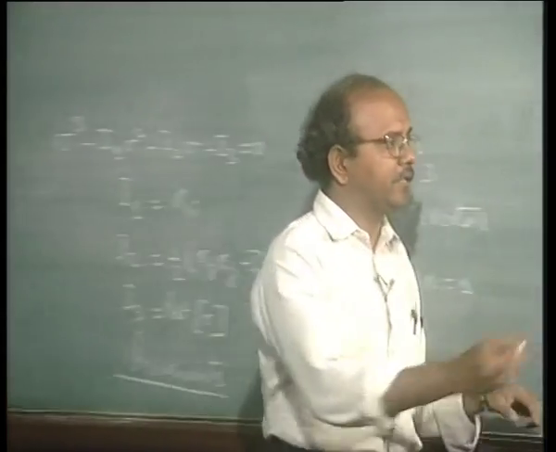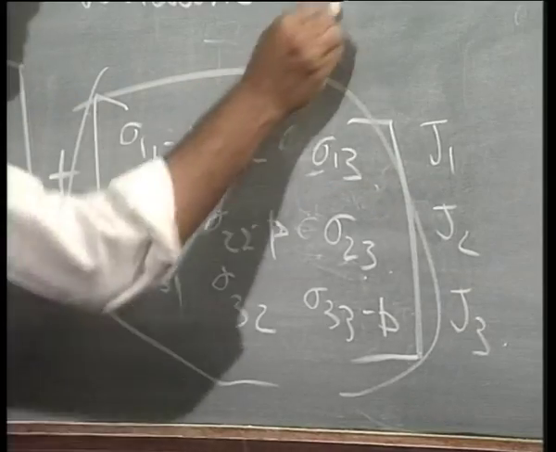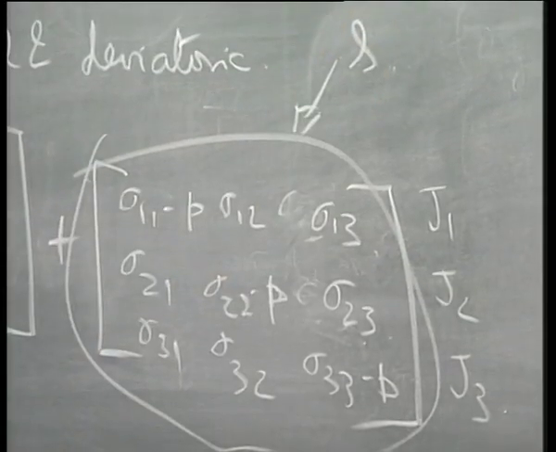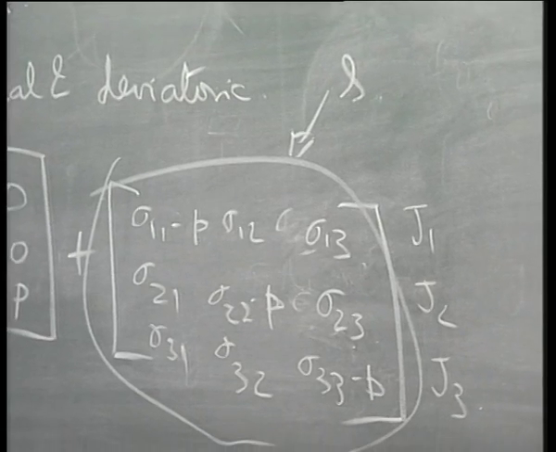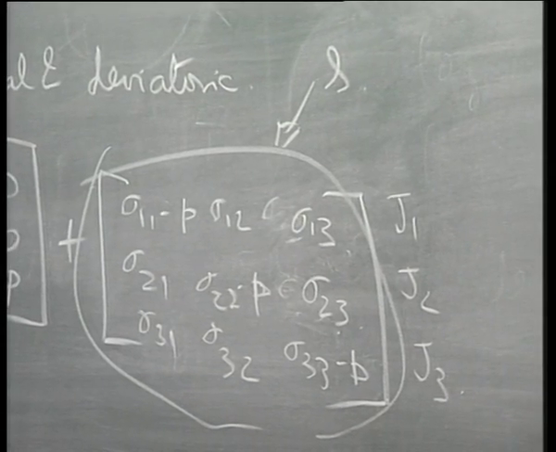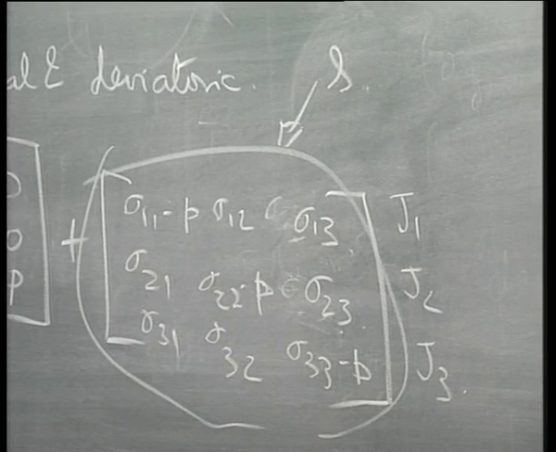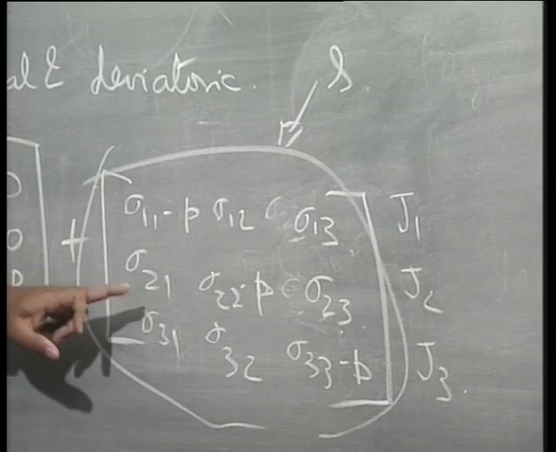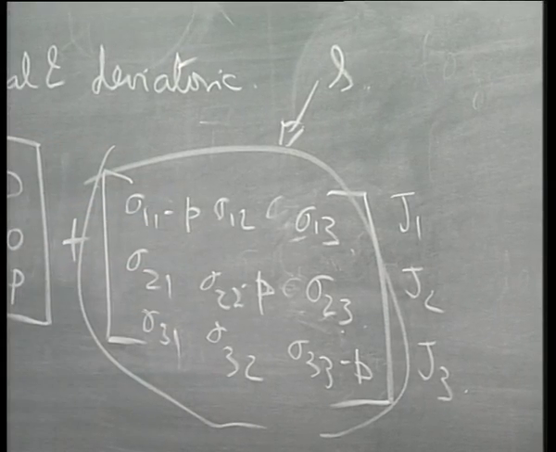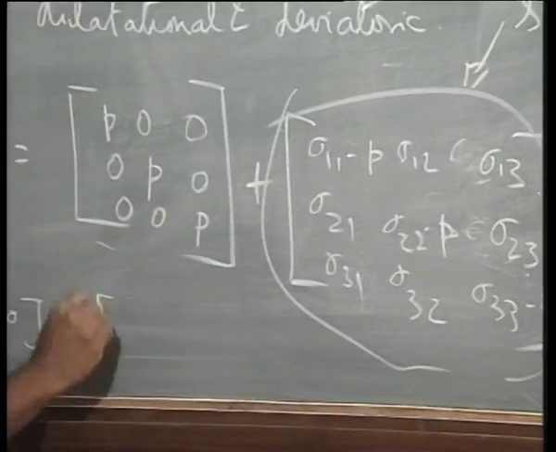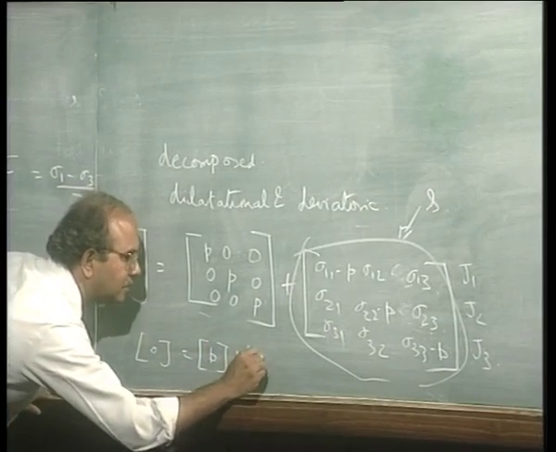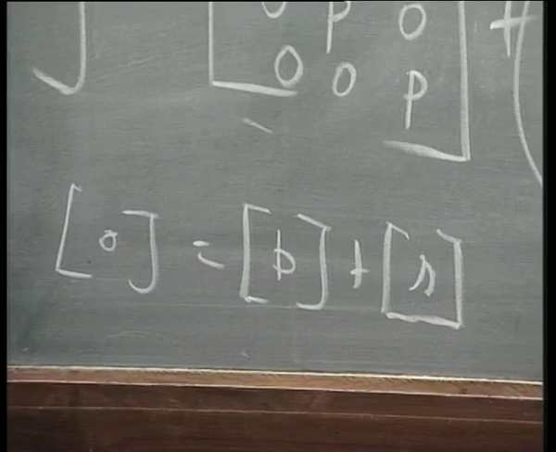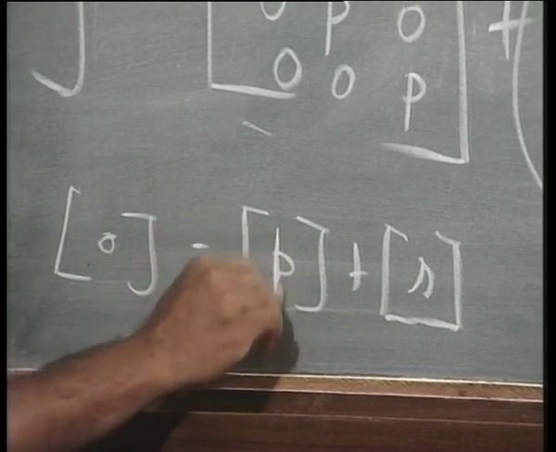So, let me call this matrix S, in order to distinguish this from sigma, so that I need not write this down every time. So, I can say that sigma is equal to P plus S.